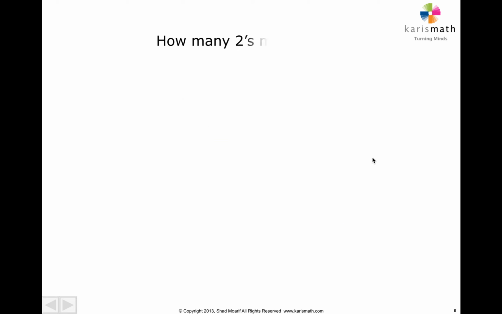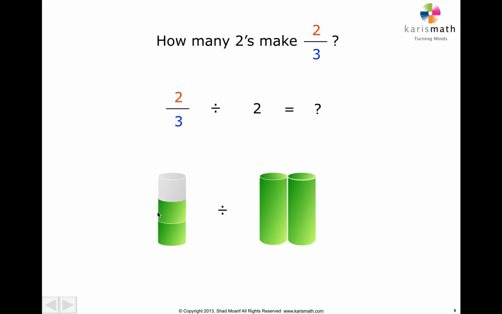Let's look at it again. What fraction of 2 fits into 2/3? Let's look at it in slow motion. So that's 2/3, that's 2, 2 whole things. What part of this fits into this? We know this is all broken into thirds, so let's break this into thirds.